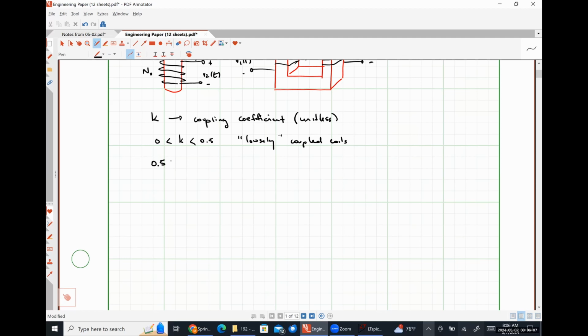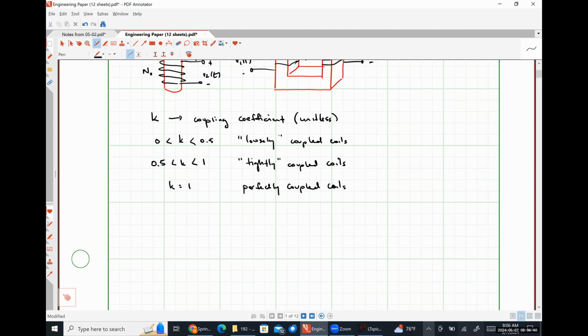When k is between 1/2 and 1, we have tightly coupled coils. And when k is exactly equal to 1, we have perfectly coupled coils. In a practical sense, no. You can get very, very close.